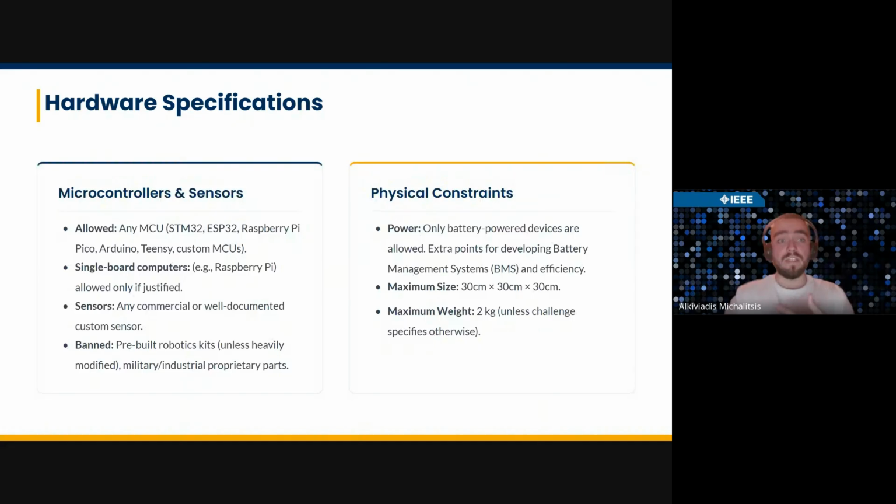Now, regarding the hardware specifications, it's good to remind you of some things.